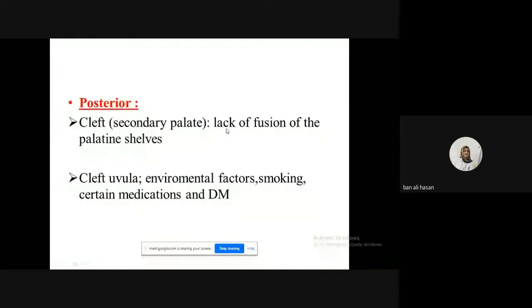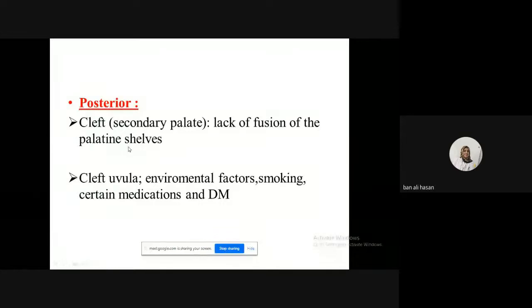Regarding the posterior part of the mouth, a cleft can happen in the secondary palate, and we can have a cleft of the uvula. The reason for the cleft of the secondary palate is the lack of fusion of the palatine shelves. We said before that the secondary palate is formed by the fusion of the palatine shelves, isn't it?